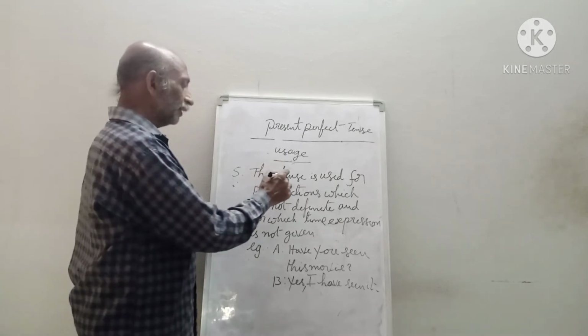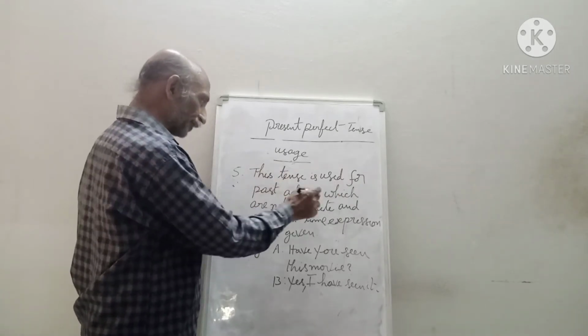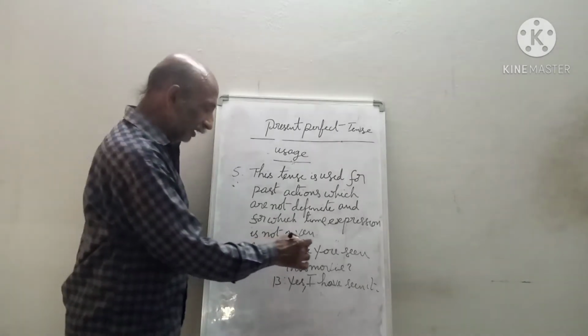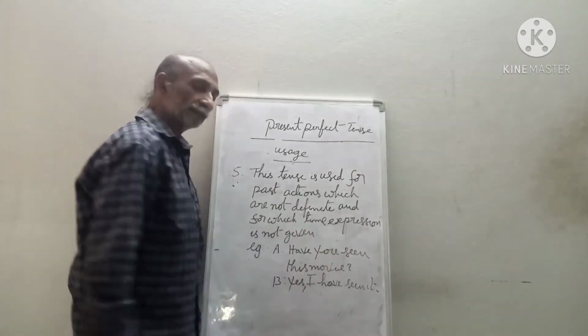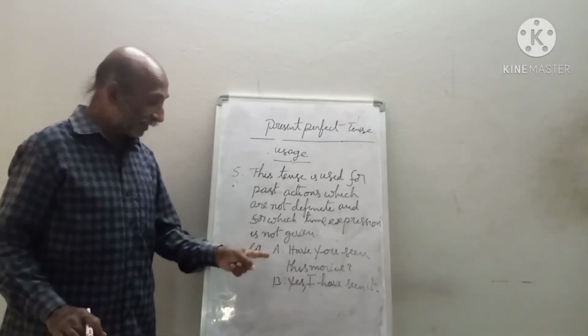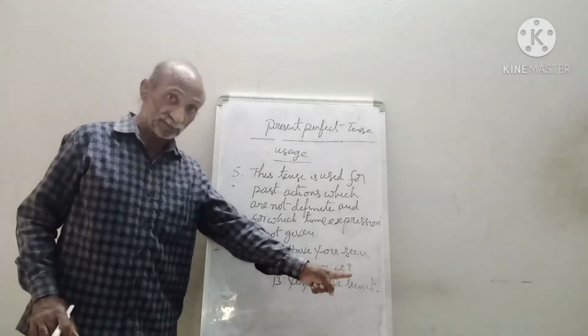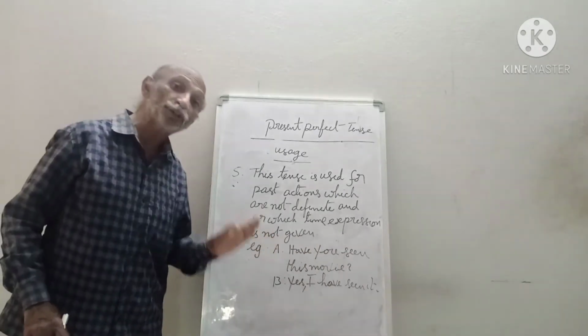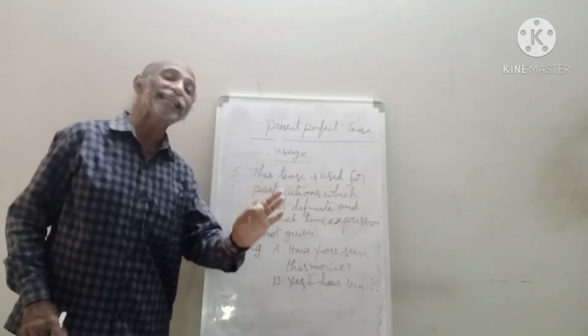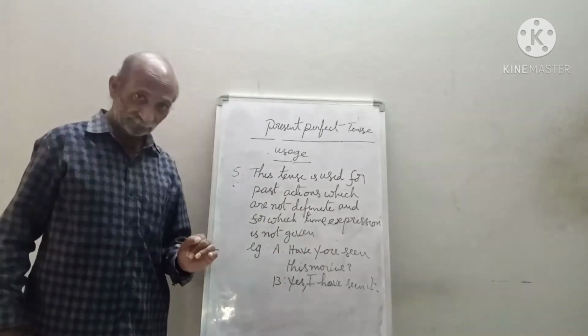See, this tense is used for past actions which are not definite. You see here, have you seen this movie? The movie is already released, but the speaker put the question in present perfect tense because the speaker is not sure whether the other person has seen that movie or not.